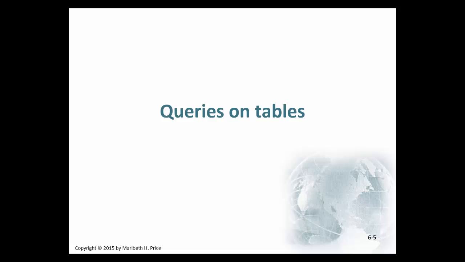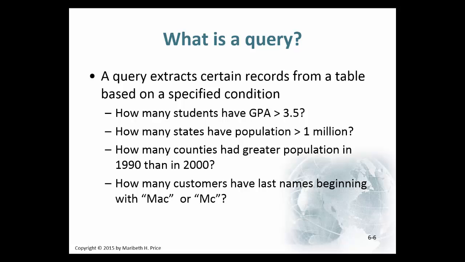We can get answers from computers by asking questions. Those questions are called queries. A query is a question written specifically so that a computer can provide an answer. Look at these examples. The answers will be in the form of selected records.